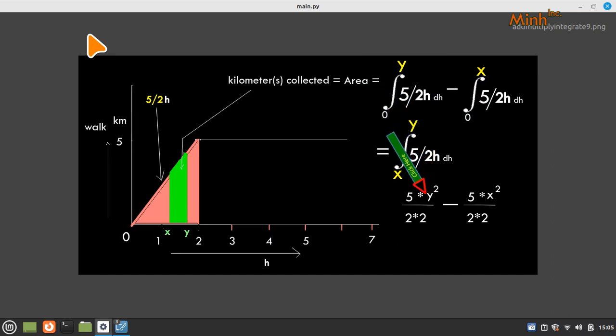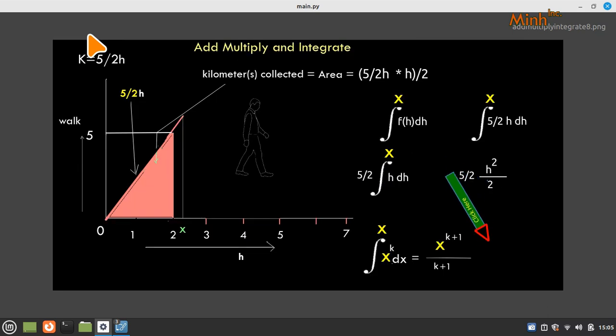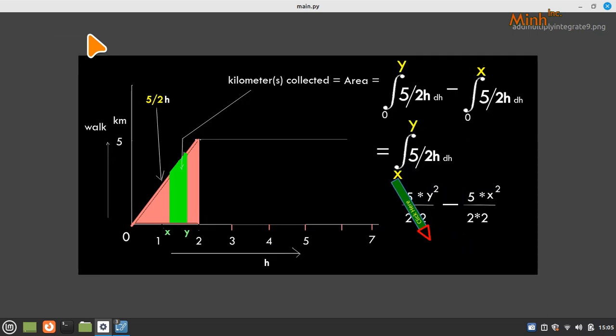So that will be 5y squared over 2 minus 5x squared over 2. That is the way we deduce the formula. So for integration between any x and y, please don't concentrate on dh. dh just says what the variation is, so we can remove dh also.